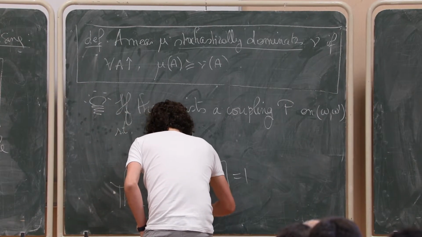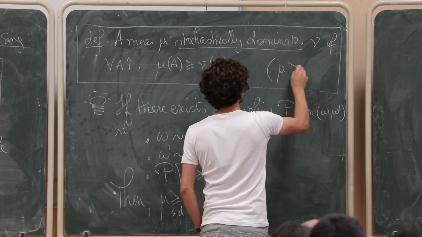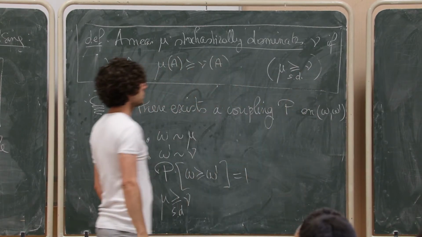By the way, here I would always write mu stochastically dominates nu like that.